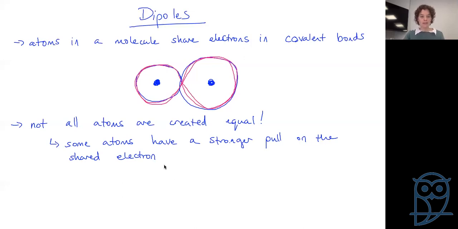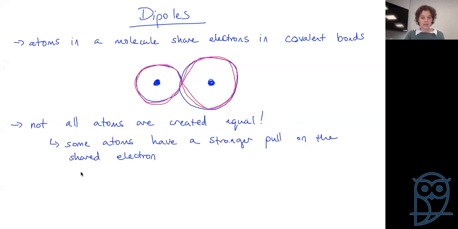Right, so coming back to this. When one atom has a stronger pull on the shared electron, the electron isn't balanced between the two. So we have a slight charge difference, our delta plus and delta minus.